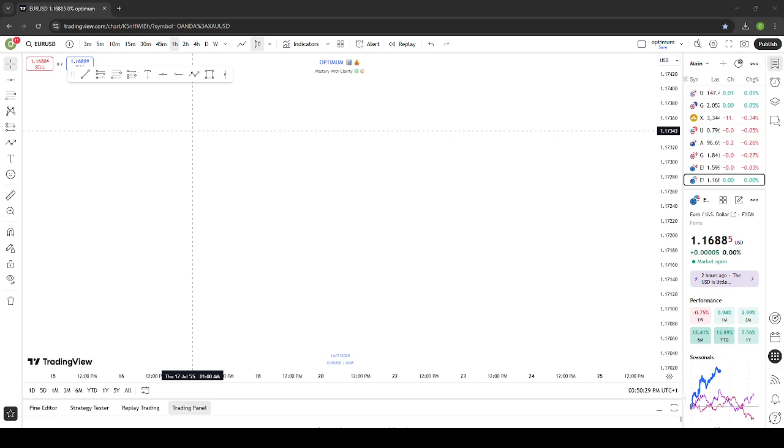Are you seeing a series of new lows being formed, or a series of new highs being formed? That is what you're going to use to know where you're headed.